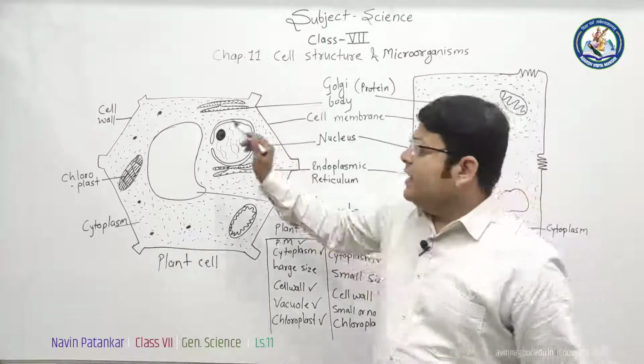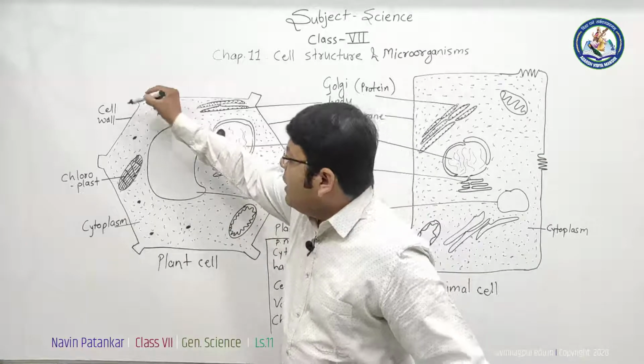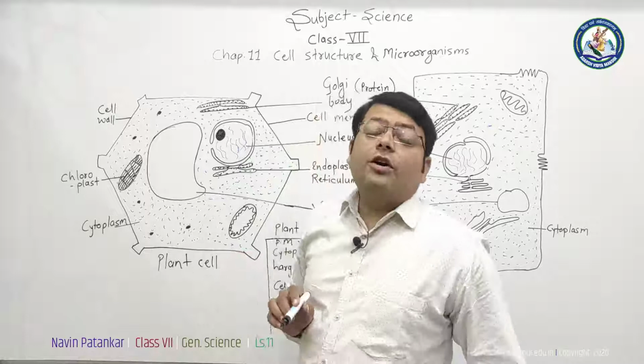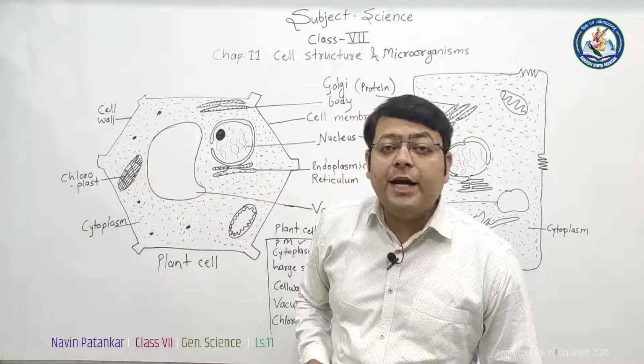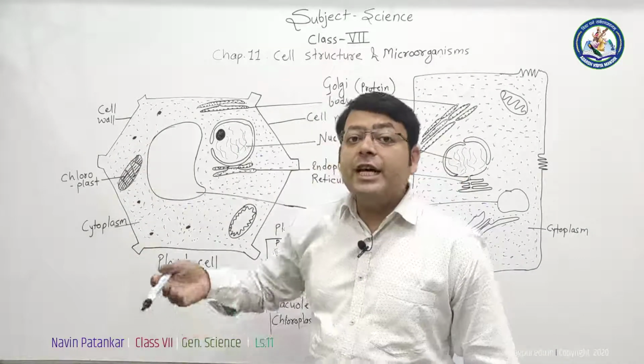Then after the cell wall, there is a membrane which we call the plasma membrane or cell membrane.